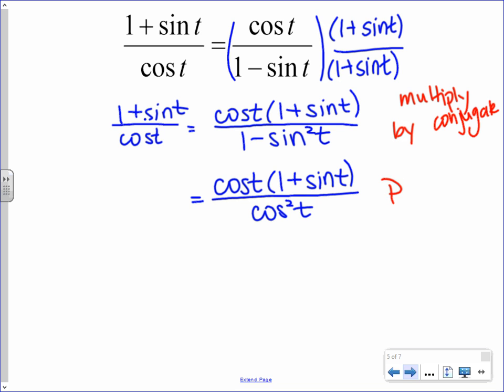So we use the Pythagorean identity. Are both sides the same? No, but we are pretty darn close, aren't we? Yep. Marissa, what do you notice? Okay. This cosine is going to reduce with one of these.